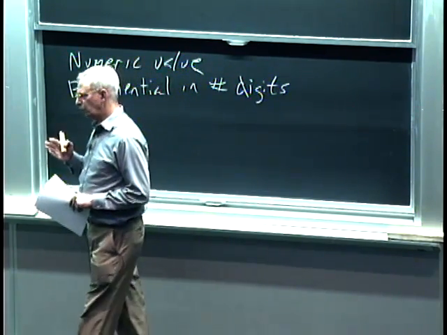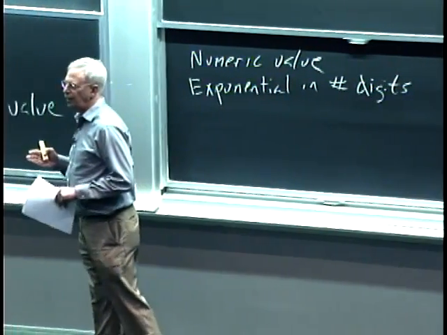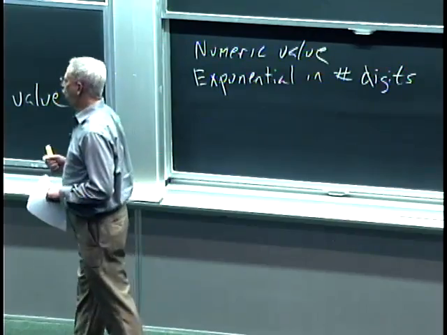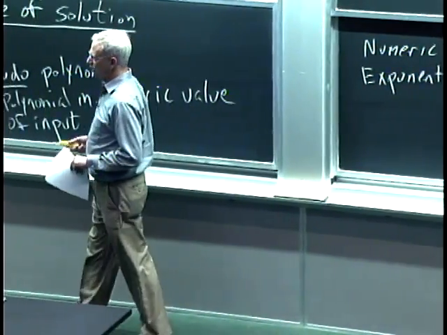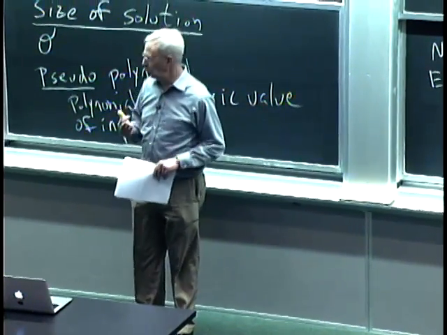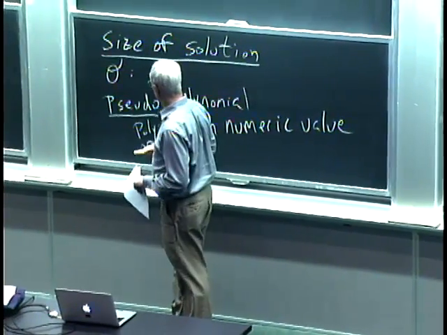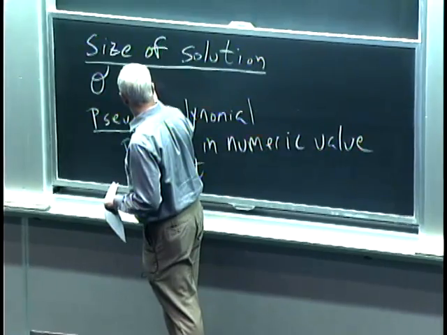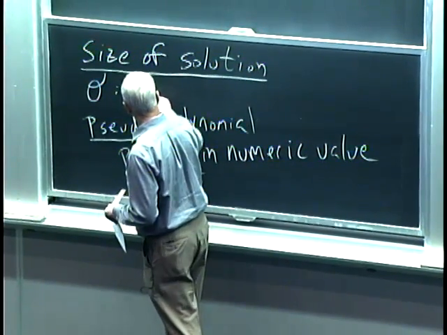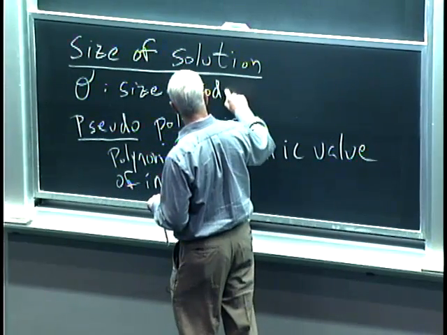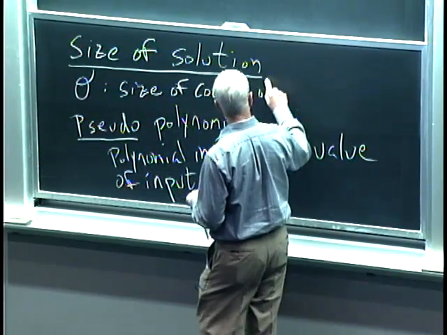That you can take a problem, and typically, when we're actually formally looking at computational complexity, big O, what we'll define it in terms of is the size of the coding of the input.